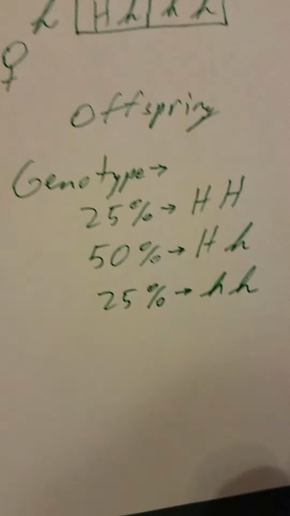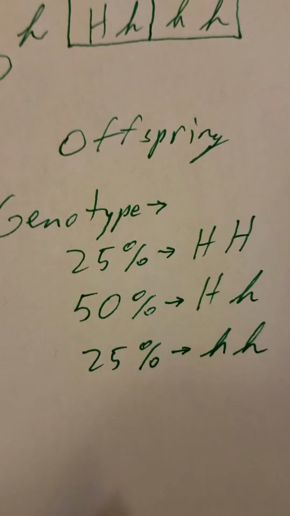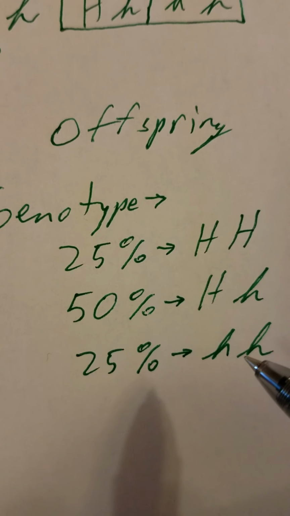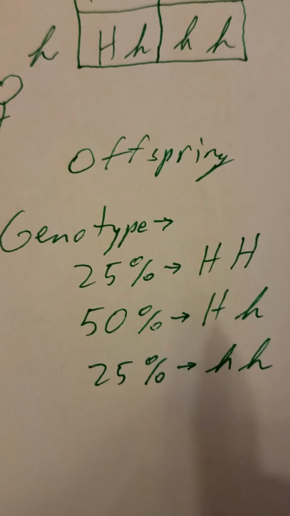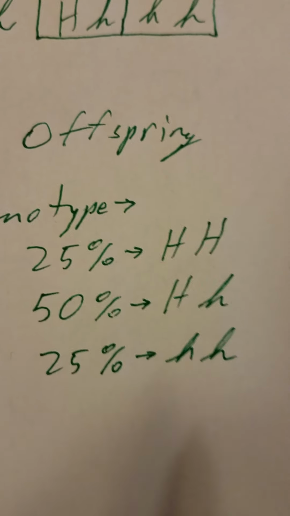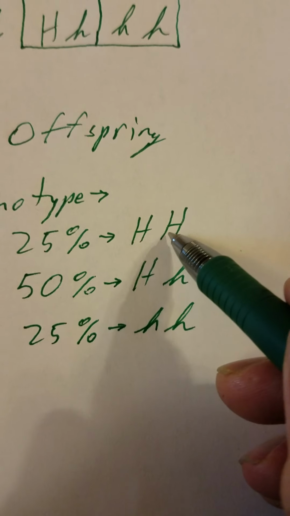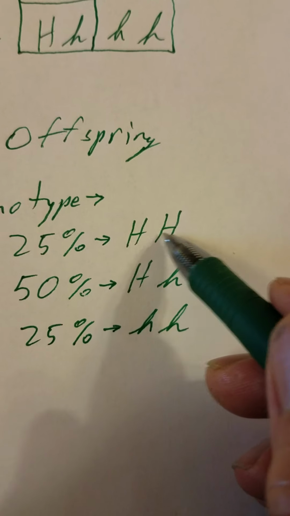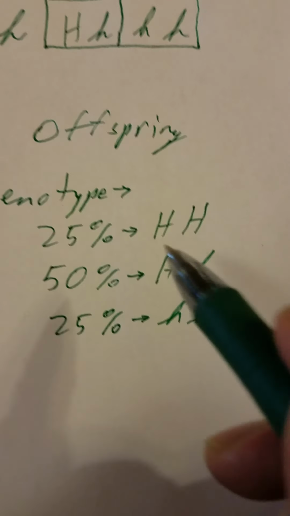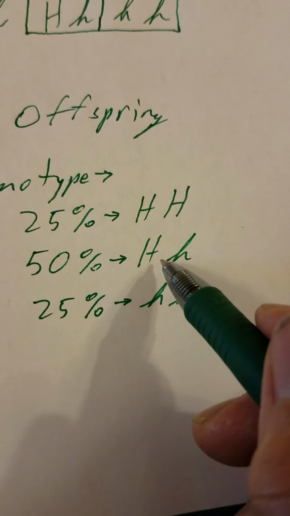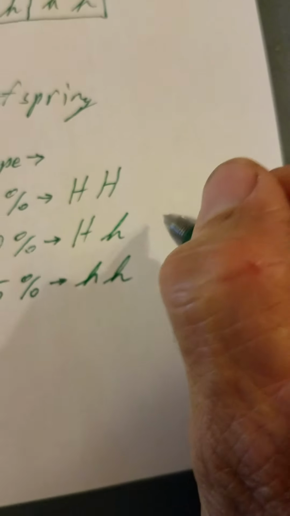Okay? So does this mean that they're going to have 4 kids and one of them's going to have 2 little h's and 2 of them's going to have a big H and a little h for their genotype? No, it means every child they have has a 25% chance of being homozygous dominant, having 2 big H's. Every child they have has a 50% chance of a big H and a little h being heterozygous.